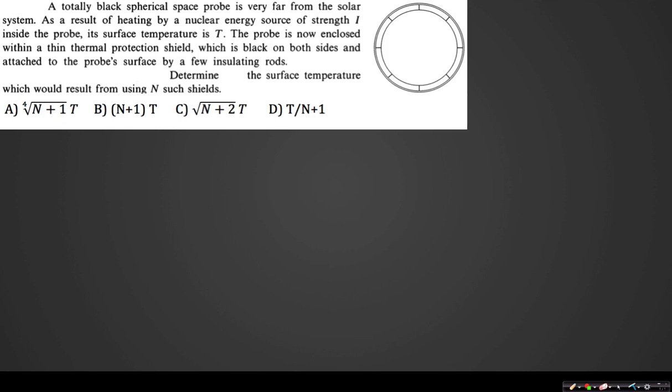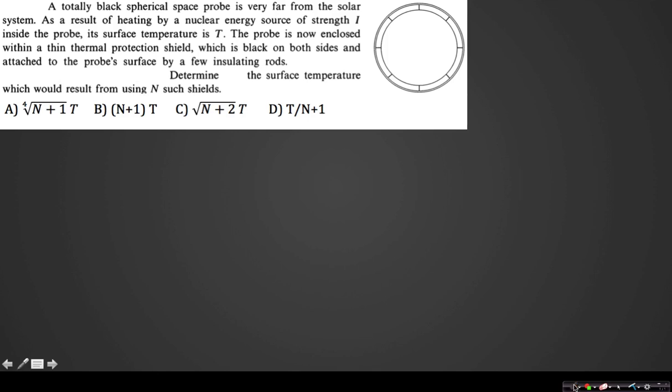As a result of heating by the nuclear energy source of strength I inside the probe, its surface temperature is T. The probe is now enclosed within a thin thermal protection shield, which is black on both sides and attached to the probe surface by a few insulating rods. Determine the surface temperature which would result from using n such shields.